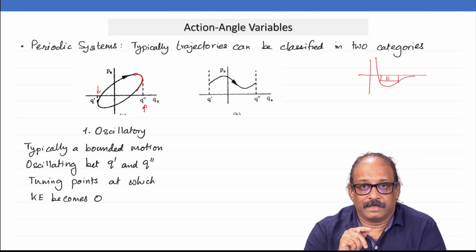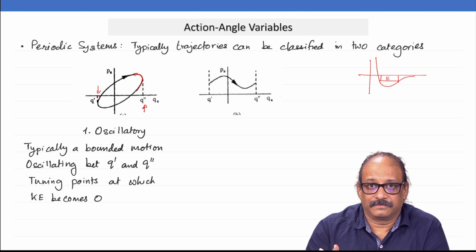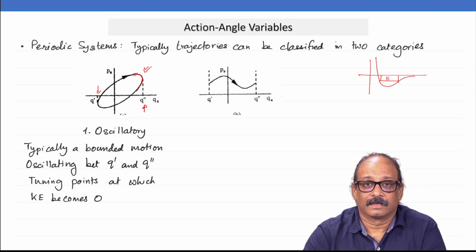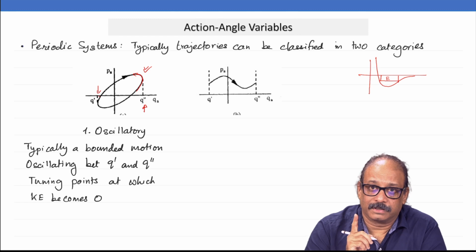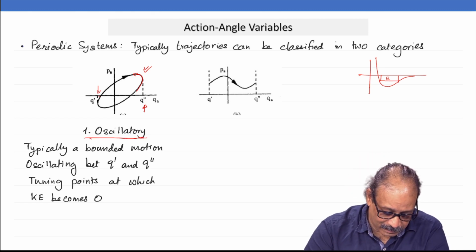So, in the R variable, there is a turning at some R1 and R2. Okay. So, if you look at the PR-R plane of the central force problem, then you have trajectories of this kind. The typical motion here is oscillatory, and that is why this also is classified as oscillatory.